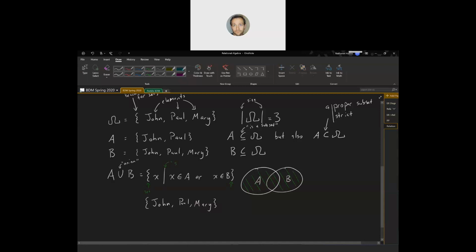This is read "such that." So A union B are elements x such that x is an element of A or x is an element of B. So this is a more strictly mathematical way of writing the definition of A union B.